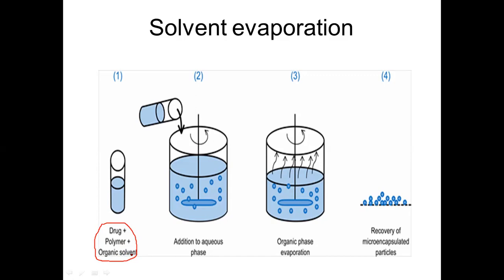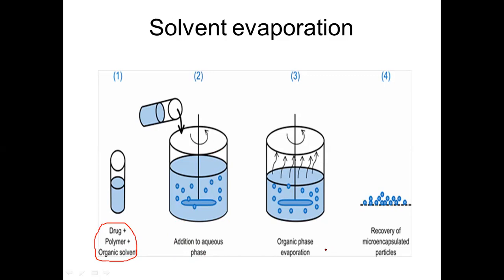Then after that, the second phase, that is the addition to the aqueous phase. So with continuous agitation, the core coating material mixture is dispersed in the liquid manufacturing vehicle phase to obtain an appropriate particle size. Now here we can see with the continuous agitation, we are getting some microcapsule formation.